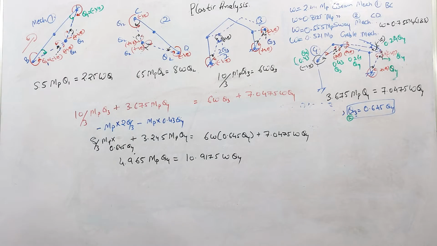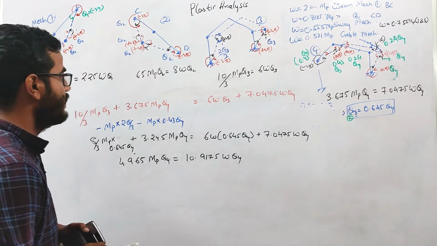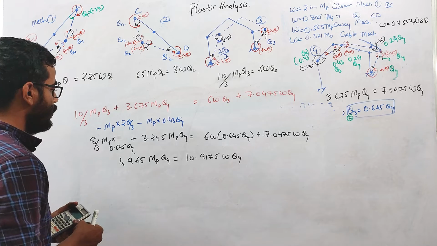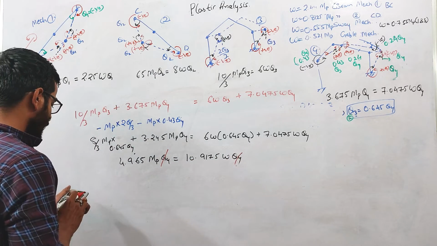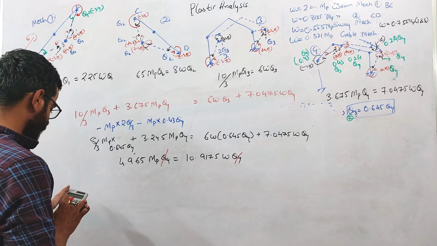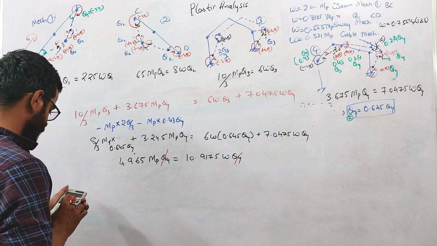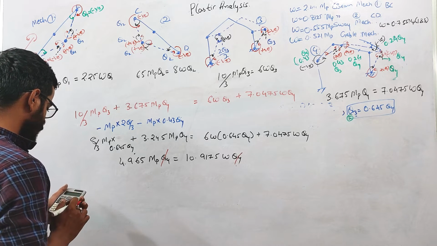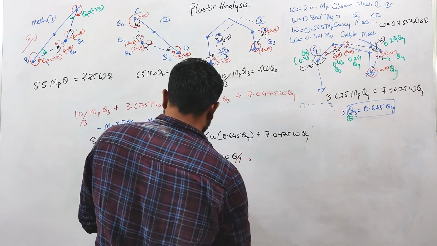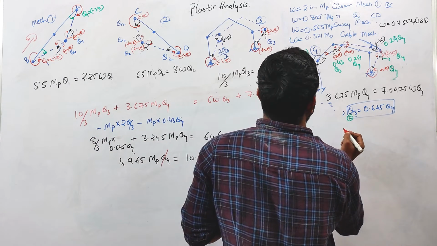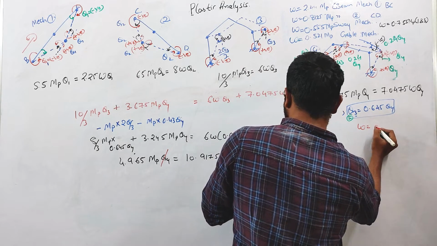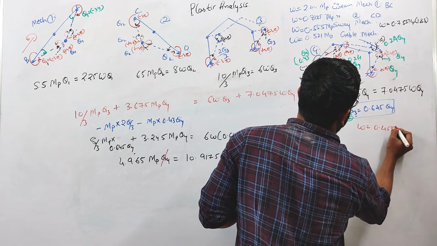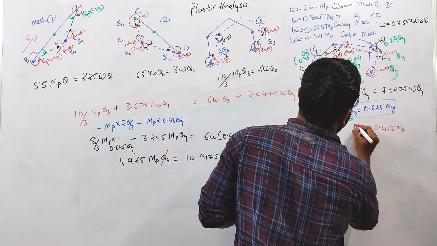Okay. So the theta 4 will cancel out on each other. So the value of W comes out to be 4.965 divided by 10.9175, so W equals 0.455 MP.